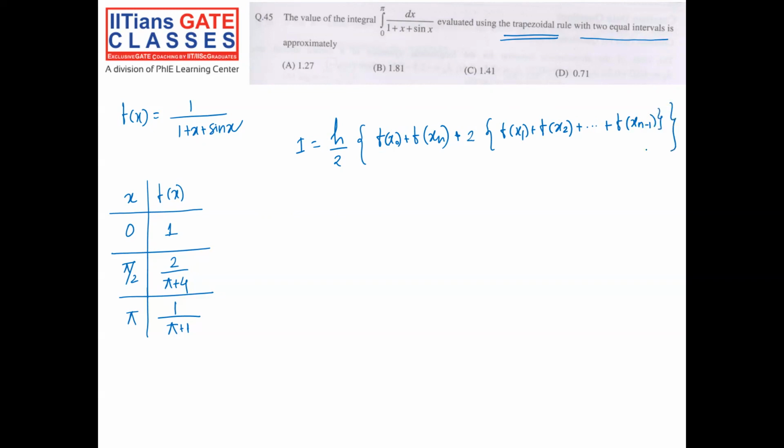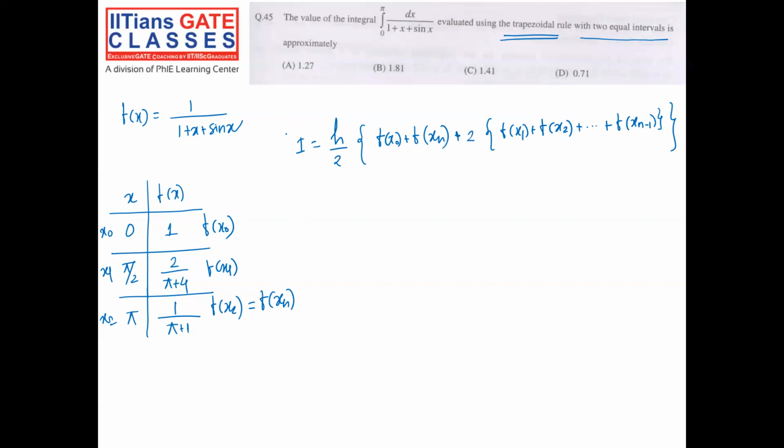In this question, this is our x0, this is our x1, and this is our x2. This is f of x0, f of x1, and f of x2, and f of x2 itself is equal to f of xn. The nth term is the second term in this case.